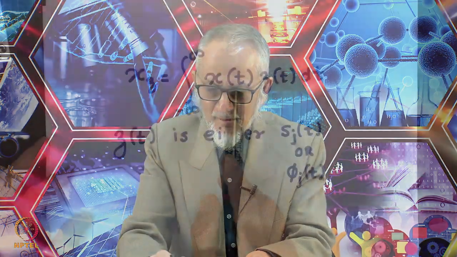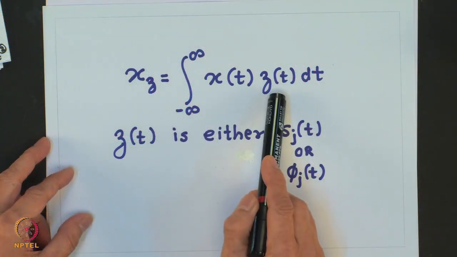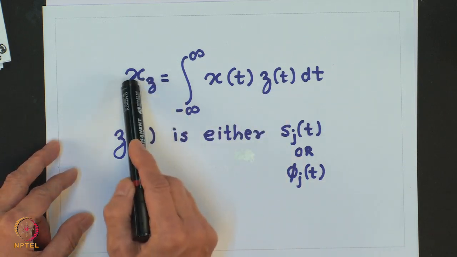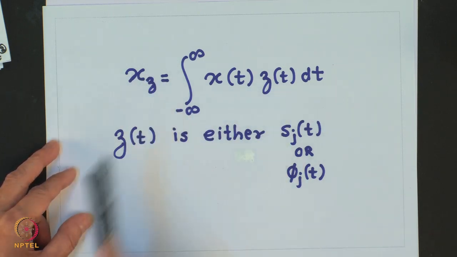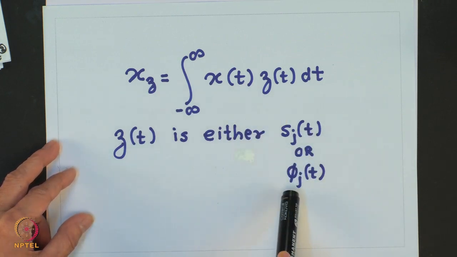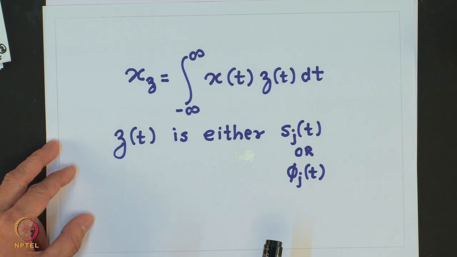In both the correlation receiver implementations which we just saw, we compute quantities of the form x(t) multiplied by z(t). Let me call this xz, and z(t) could be either sj(t) or phi j(t).